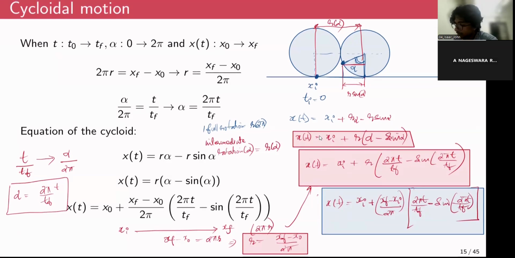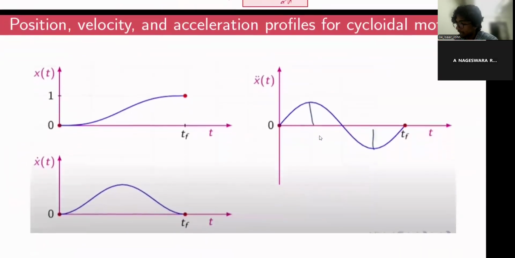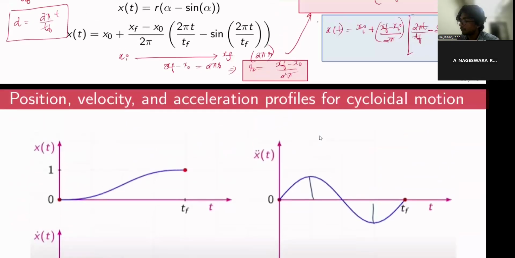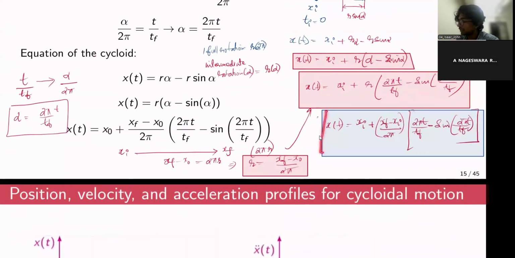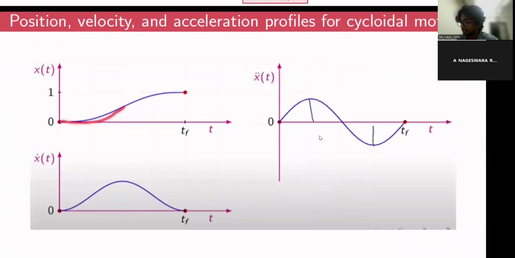All right. So that's about cycloidal motion, and the profile would look something like this. The position, velocity, acceleration profiles would look like this. If you simply plot this equation on a curve with time as the independent variable and x as the dependent variable, you will get this curve, which is very smooth.